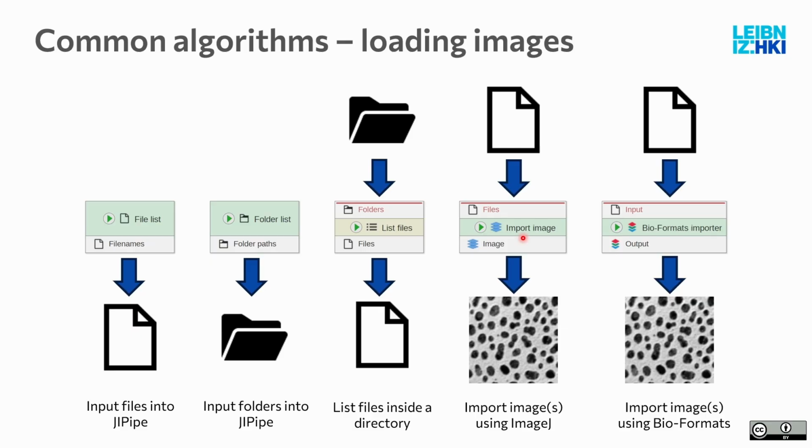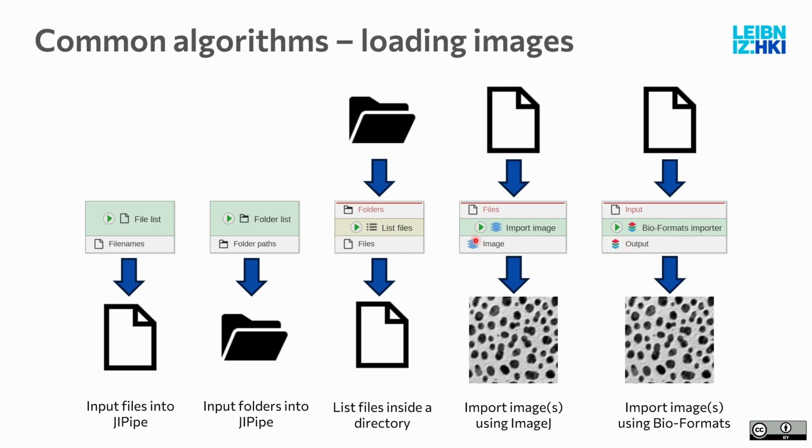Usually the things that we did were very fast, but in the log you can find information about what JIPipe is currently doing. There it usually will say, okay, I'm using the Bio-Formats importer because this is a file that ImageJ cannot handle. If you want more control over your Bio-Formats things, there is a dedicated Bio-Formats importer, which also grabs files, but then outputs a so-called OME image.